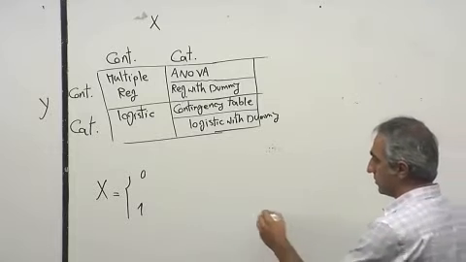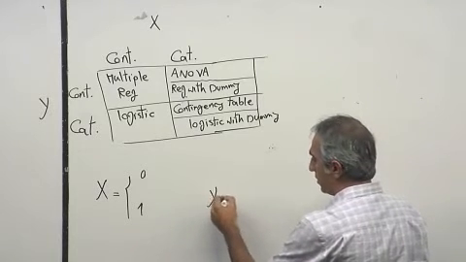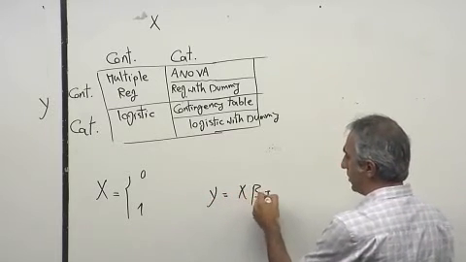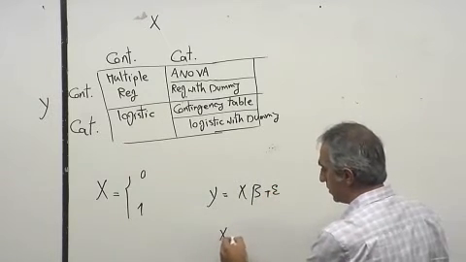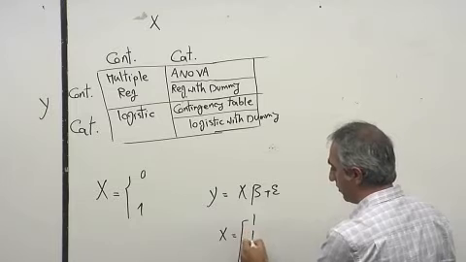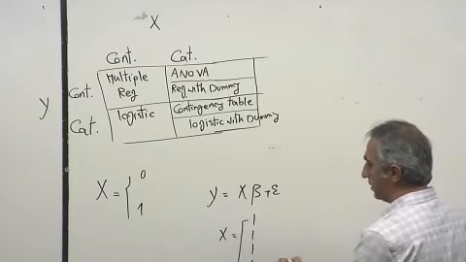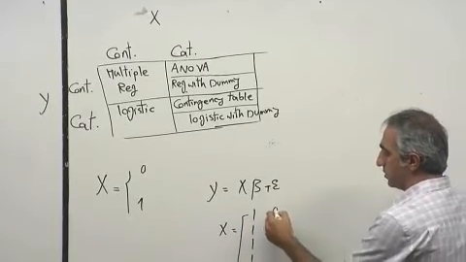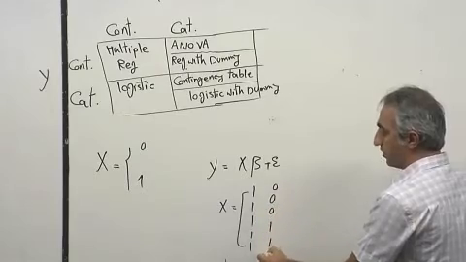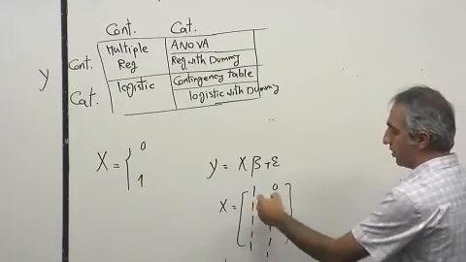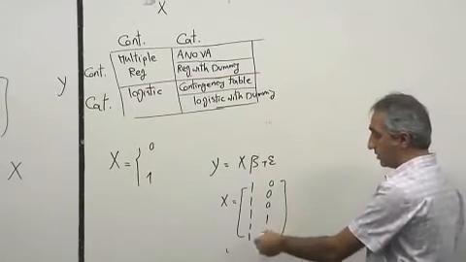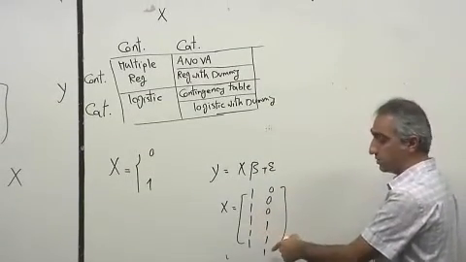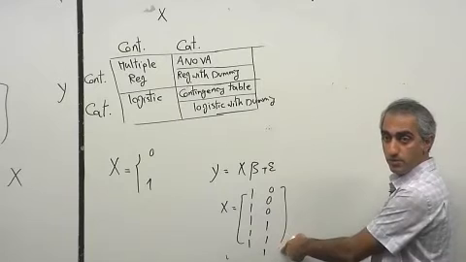At the end of the day, your y is X beta plus epsilon. So your X matrix would be 1, 1, 1, 1 here, and some zeros and some ones. These are the observations that you collected from operator 1, and these correspond to observations you collected from operator 2.